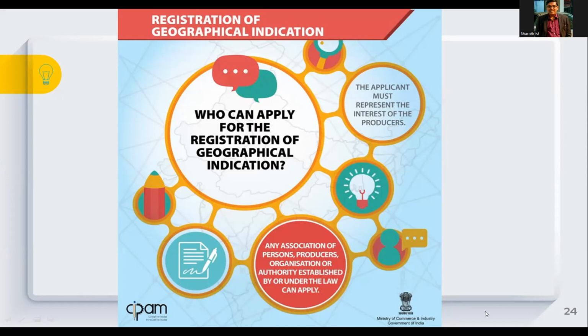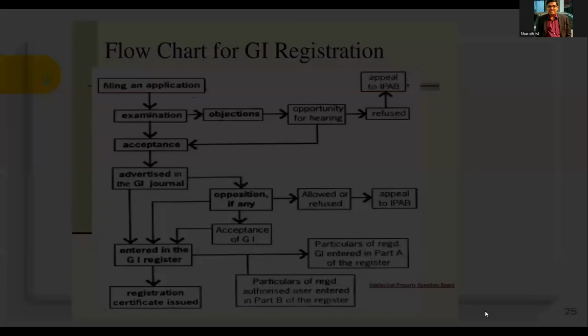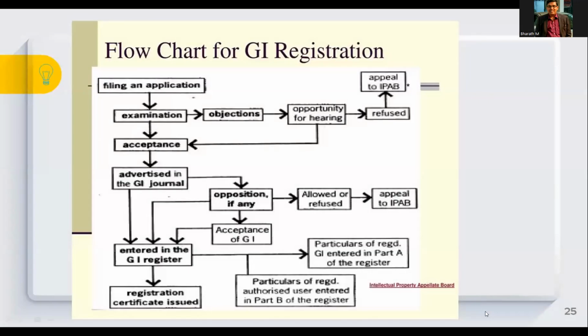One may be a natural person or any entity, person, or producer who can seek registration. Now let us see the flowchart for geographical indication registration. Obviously many things will repeat here, since it comes under intellectual property rights, most of the process is the same, but with slight differences.